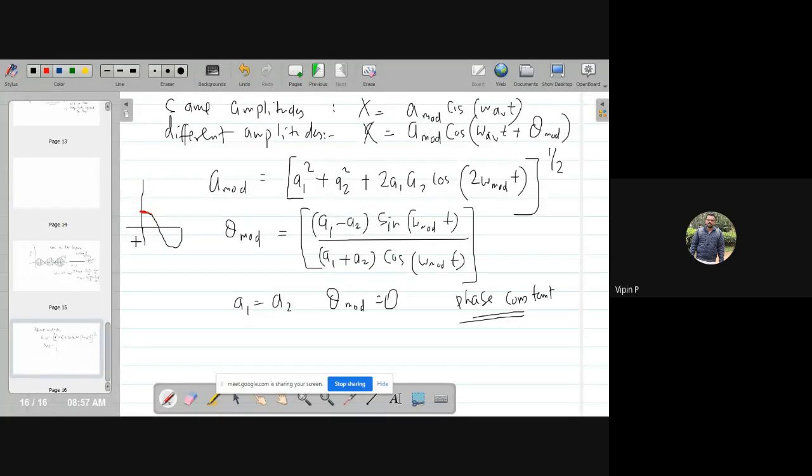But if the amplitudes are different, the starting point would be different. It's probably somewhere like this. This would be the resultant amplitude. So the initial phase or the phase constant would be slightly different from that of the original waves that are superposing.